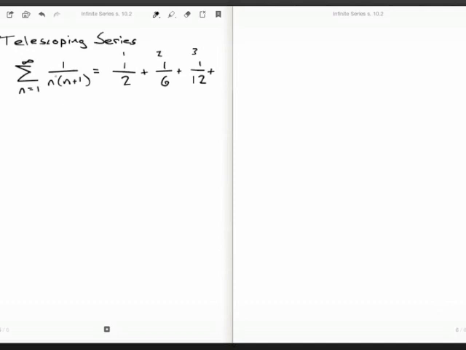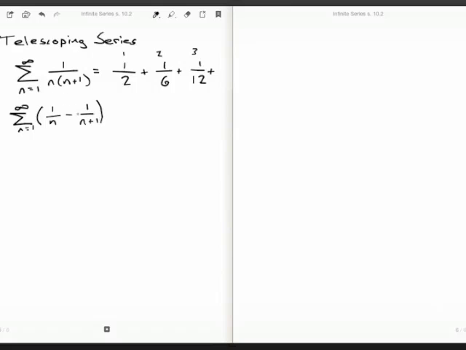Well, how about we rewrite this guy? And we write that guy as the sum from n equals 1 to infinity of... Anybody know what I'm going to do here? Can you make a guess? 1 over n minus 1 over n plus 1. Whoa, what's this?